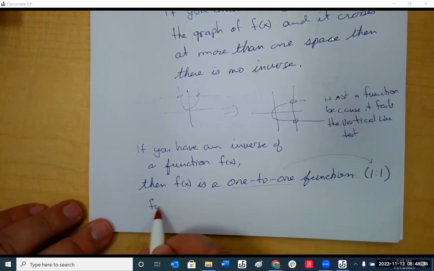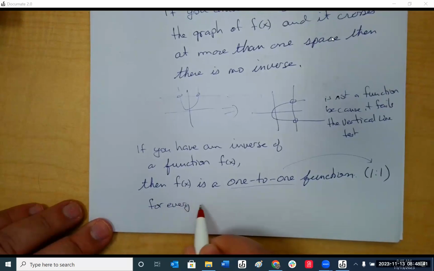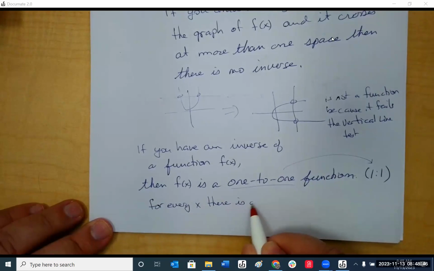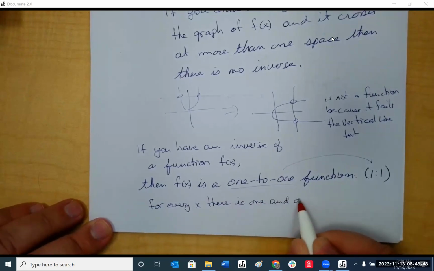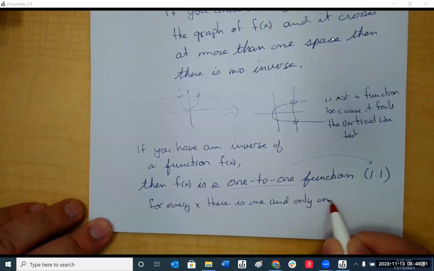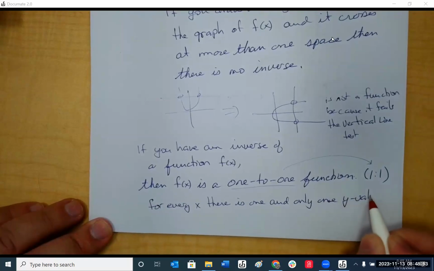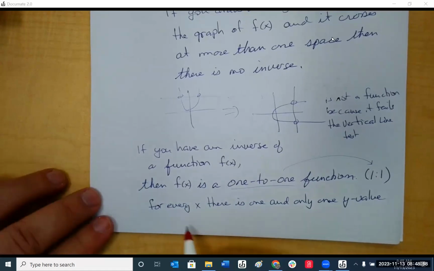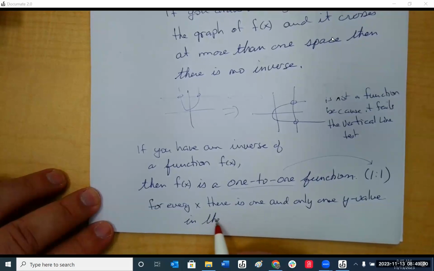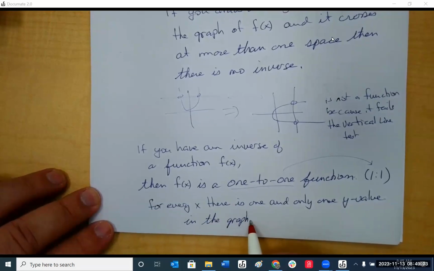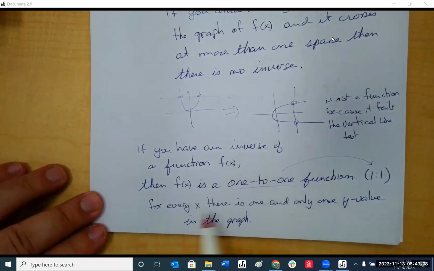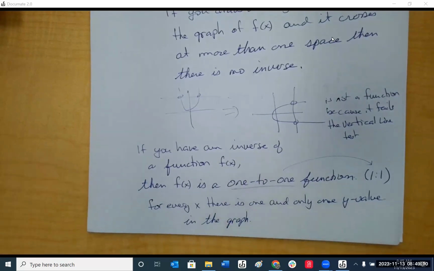It means for every x, there is one and only one y value in the graph. So if it's one-to-one, it has an inverse. If it's not one-to-one, it's not going to have an inverse.